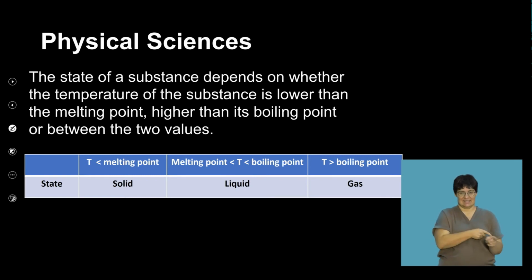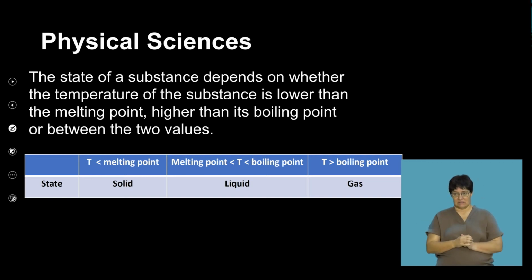Now, if the melting point and the boiling point of that substance are given, and the melting point is less than the given temperature and the given temperature is less than the boiling point, that substance will be a liquid.